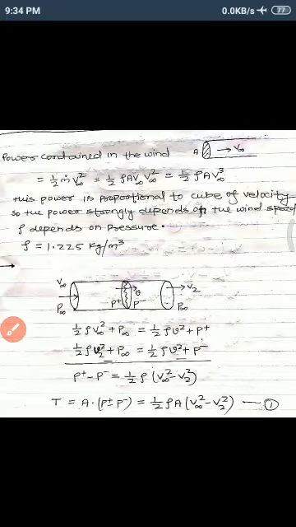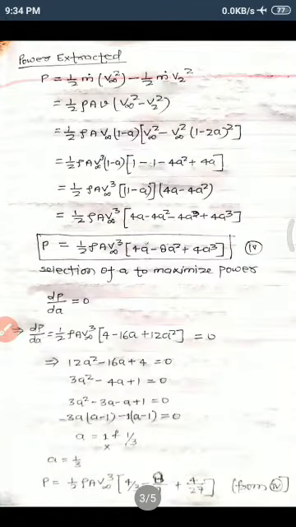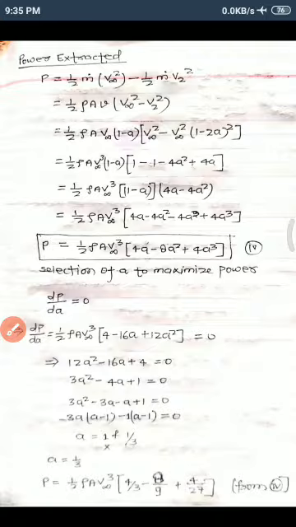For this purpose we will write the change in power as half m into V infinite square minus half m into V2 square. We will put the value of m as rho into A into v. After that, from the previous equations, we will put the value of small v and the value of V2.